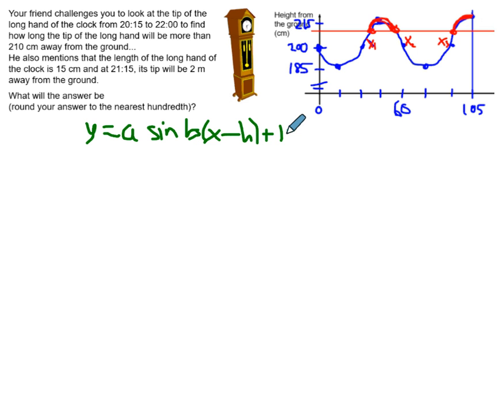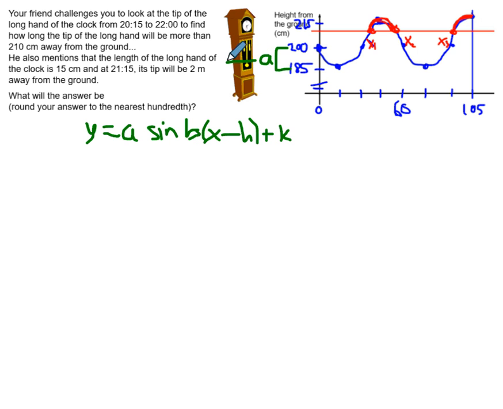Now, where do we find all those parameters? So A is your amplitude. So you can find your A on your graph. Here is the amplitude. So it's really the length of your shorthand. So your A is equal to 15.